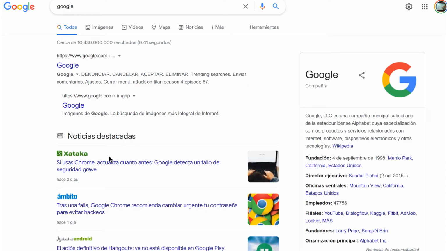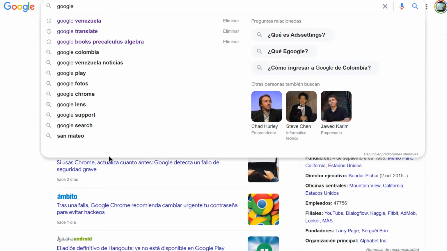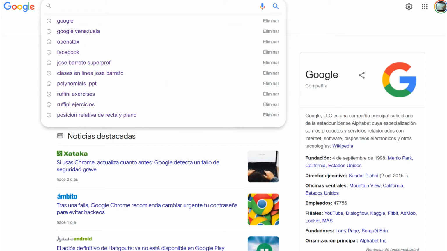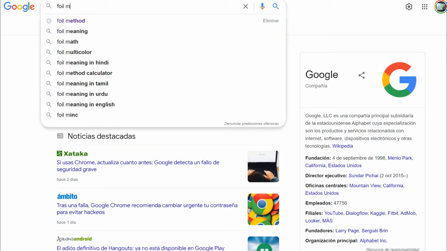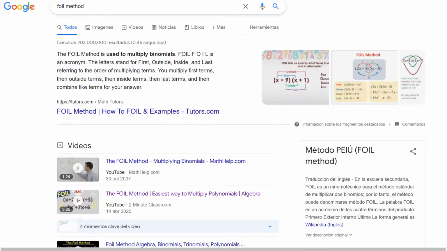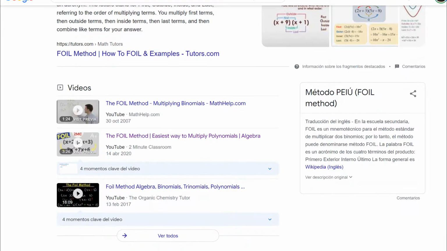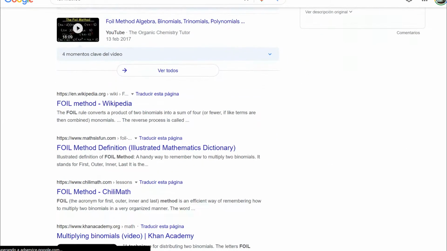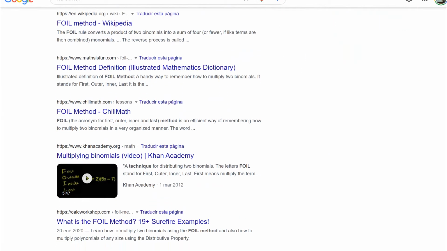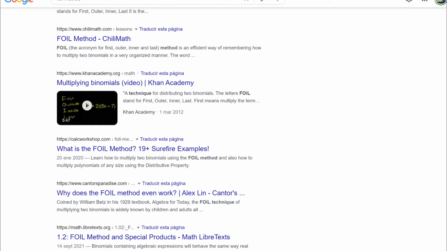Go to Google and search for FOIL method, and you can review many videos and theory, in Wikipedia. Check the FOIL method and practice it. Very important.